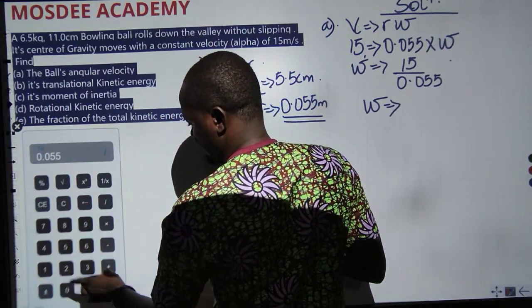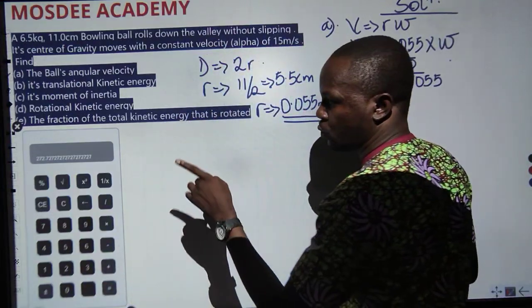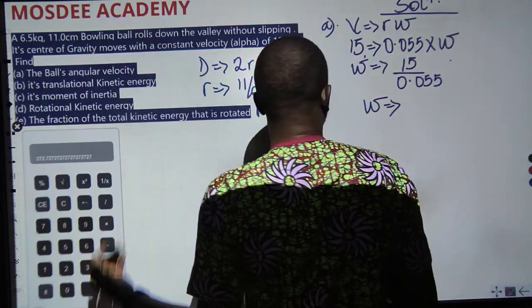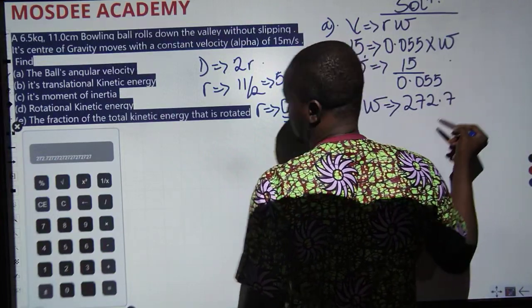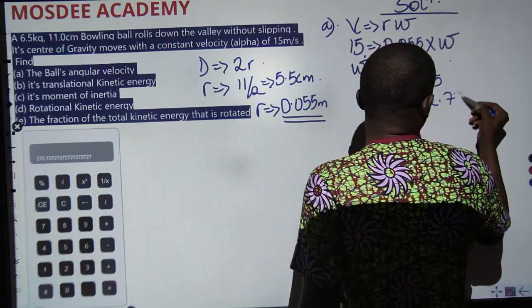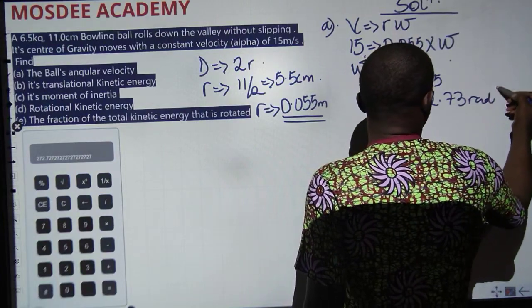That is 272.72, or approximately 272.73 radians per second.